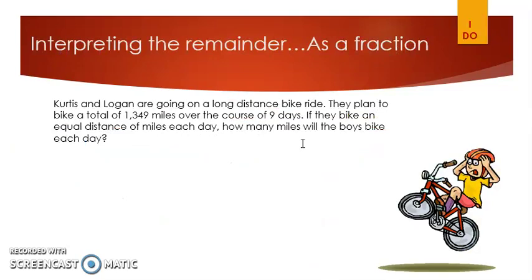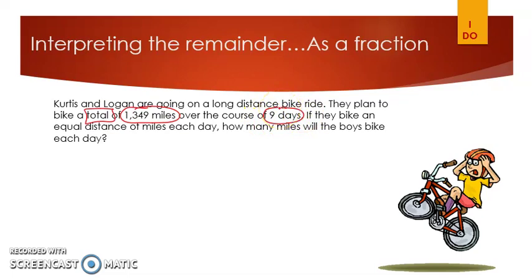Let's do another I do, and this time we're going to focus on interpreting the remainder as a fraction. So in this problem, we have Curtis and Logan, and they're going on a really long distance bike ride. And they plan to bike a total, that is our key word, of 1,349 miles over the course of 9 days.